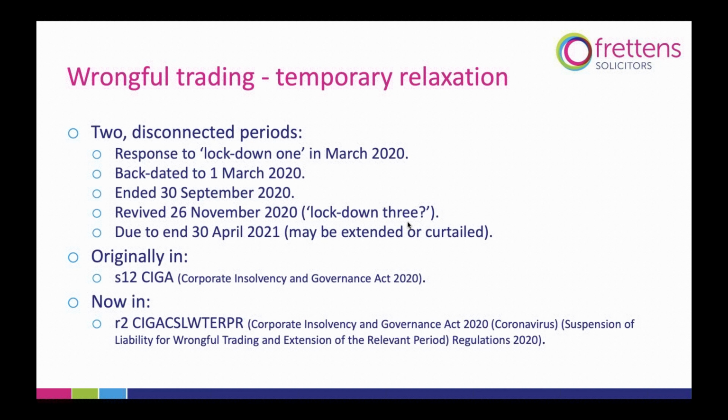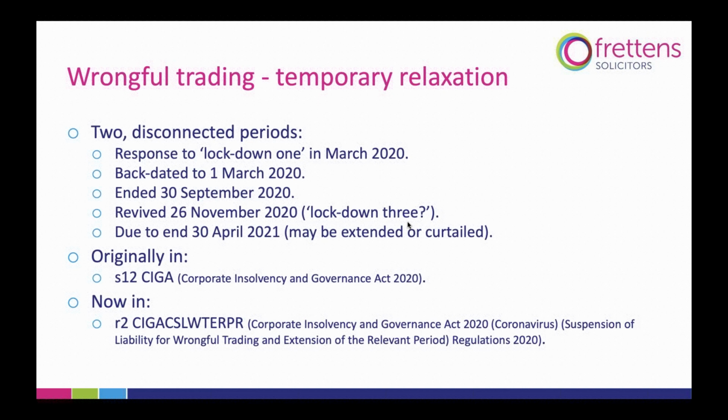upon the circumstances. And just to make things even more complicated, the law is now in 3 places. So you've got the law on wrongful trading itself in the Insolvency Act. You've got wrongful trading relaxation 1 in Section 12 of CIGA, the Corporate Insolvency and Governance Act.